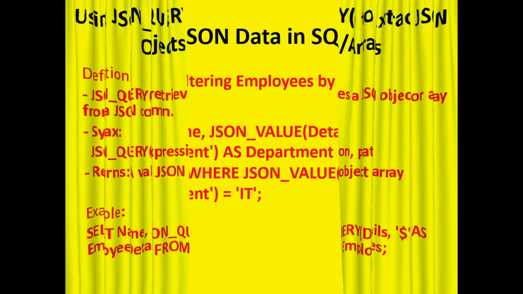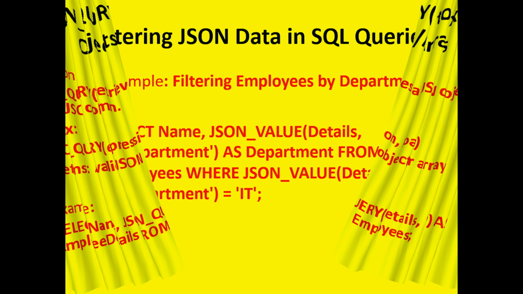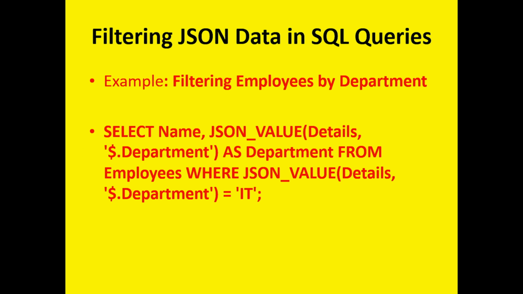The other thing is filtering JSON data in a SQL query. Suppose in your SQL statements you used a where clause. If simple, I am just giving you select star from employees where department is equal to IT. Suppose I have a department column, and in that we have IT, HR, and other departments as well.